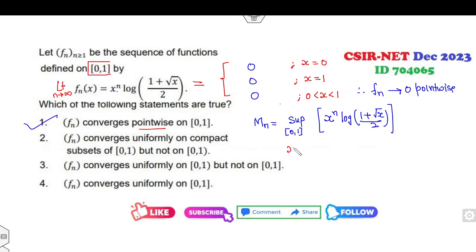Assume that the supremum is occurring at 0. What will happen if x is equal to 0? This will go to 0. If the supremum is occurring at x equal to 1, then again log of 1 is 0, again it goes to 0. If the supremum is occurring in between 0 and 1, say for example 1 over n, fine. So what will happen?